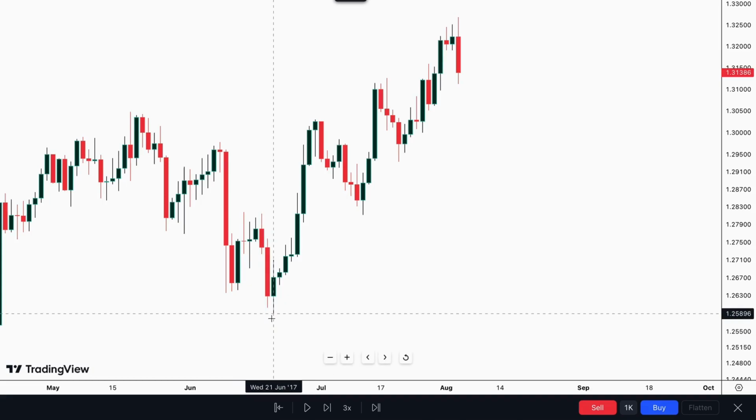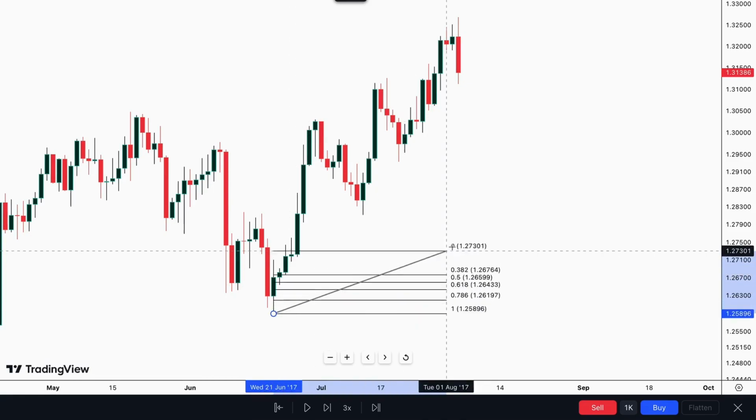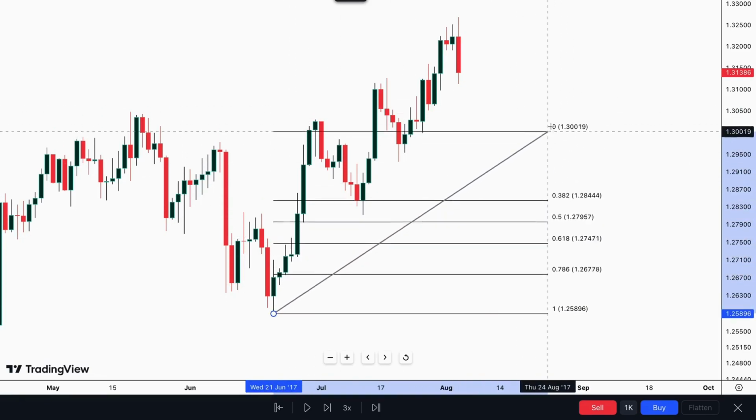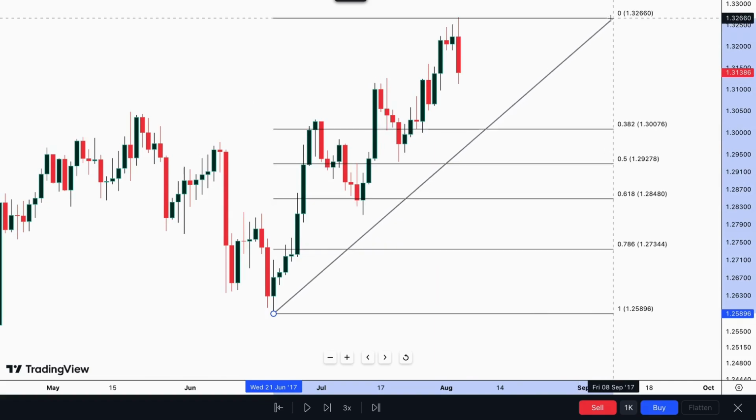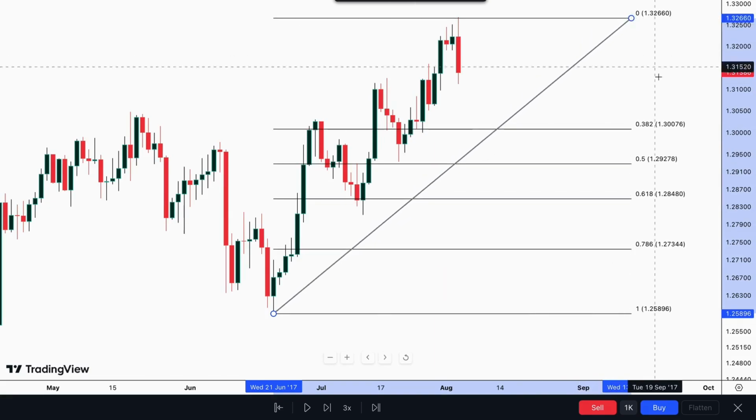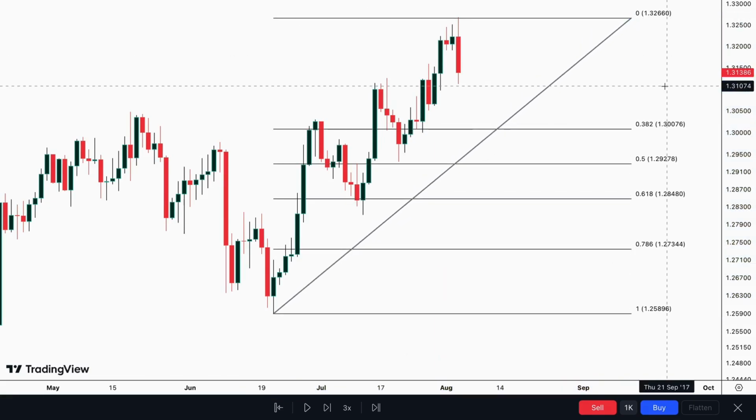Your first point to place your Fibonacci is the low point toward the upper one here.